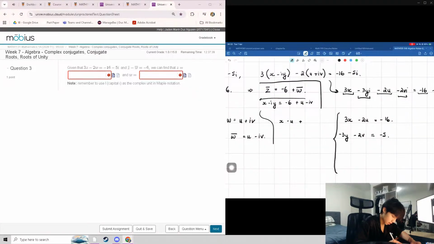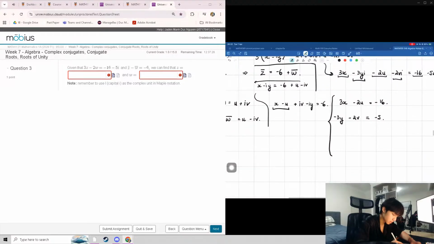plus I minus I y is equal to minus 6. And so with this, we can create this equation.